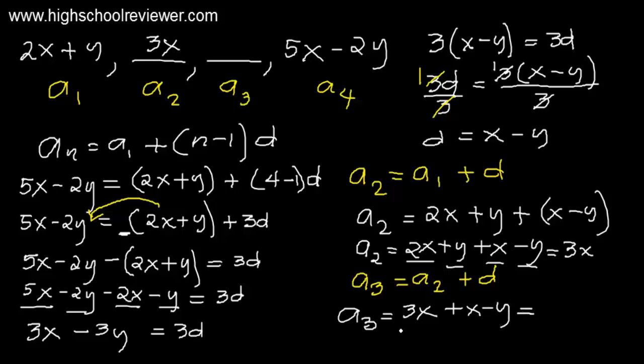So this will be 3x plus x, that is 4x minus y. So our A sub 3 is 4x minus y. Therefore, our missing terms are 3x and 4x minus y, and they are our final answers.